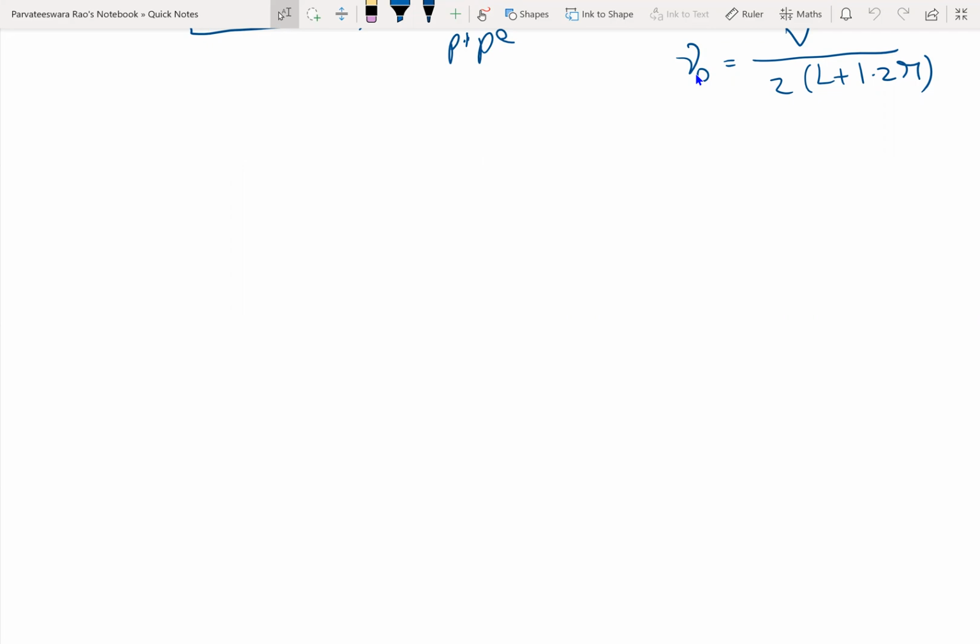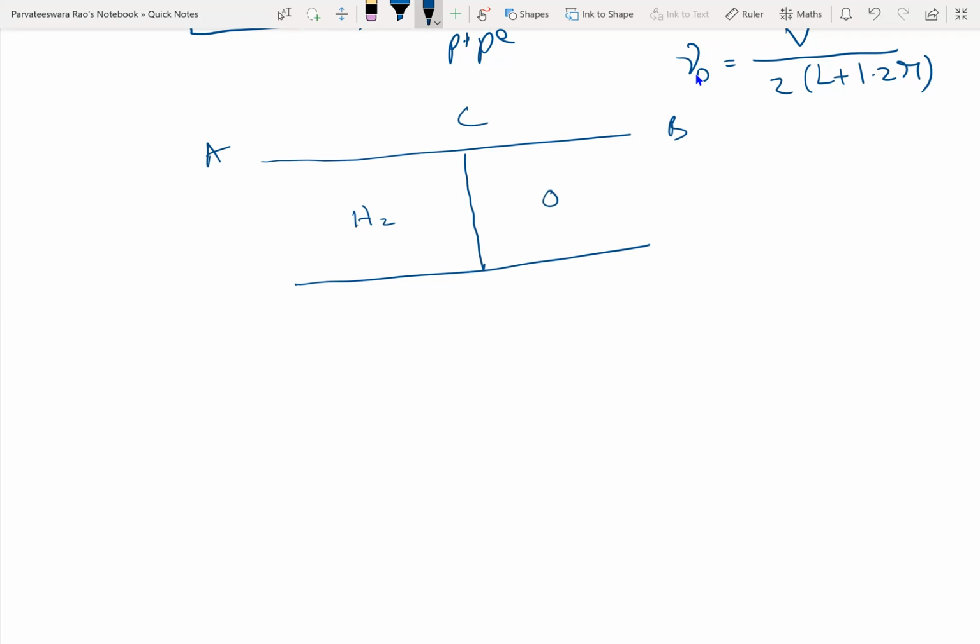The portions AC and BC contain hydrogen and oxygen gases respectively.